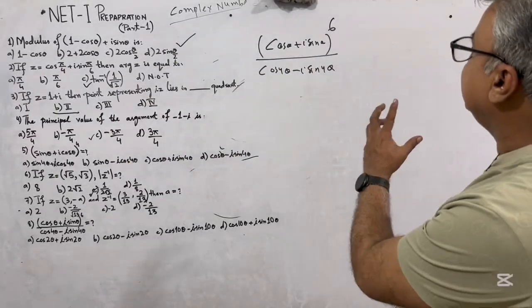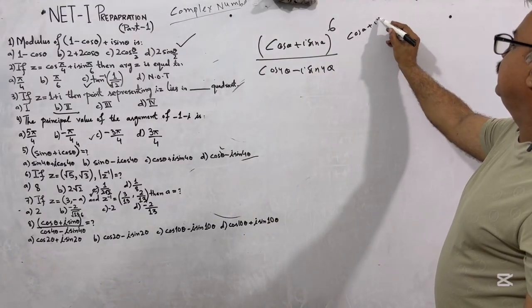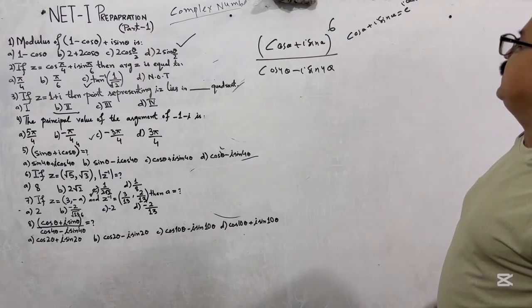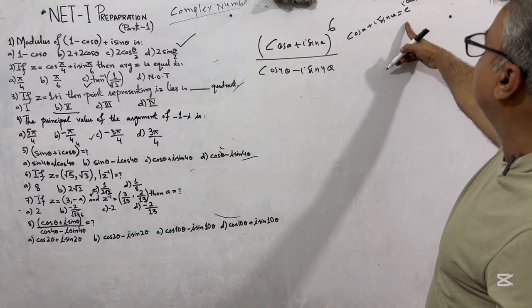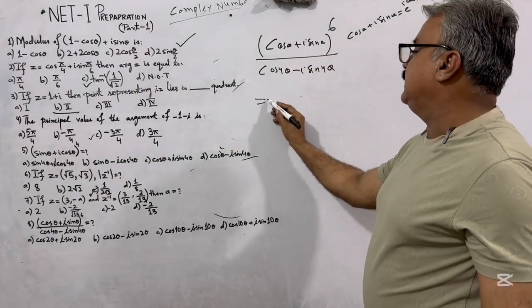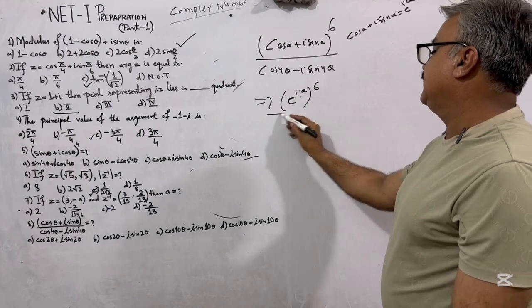Okay, let's see another magic. Cos theta plus iota sin theta, from Euler, it's equal to e raised to iota theta. So instead of cos theta plus iota sin theta, I can write e to the iota theta raised to 6.